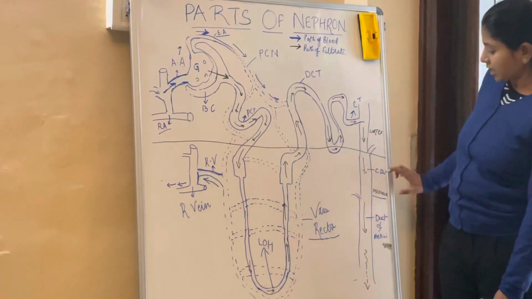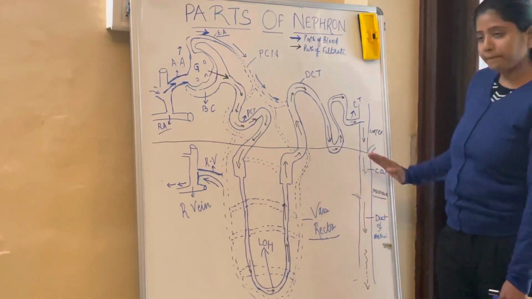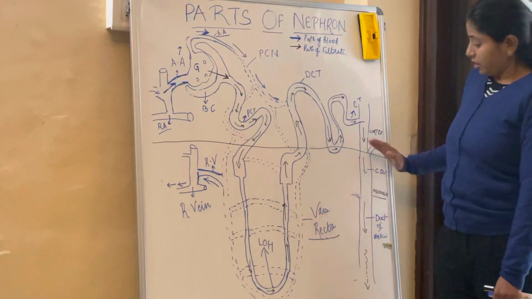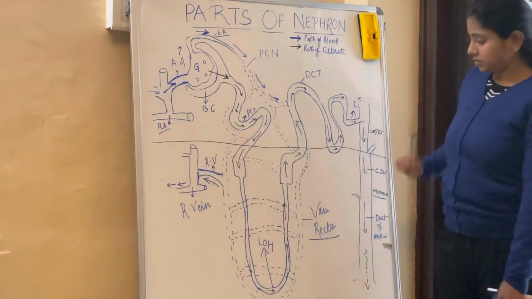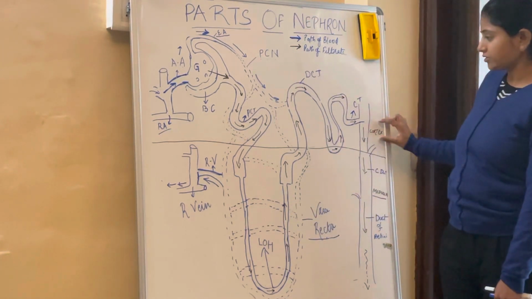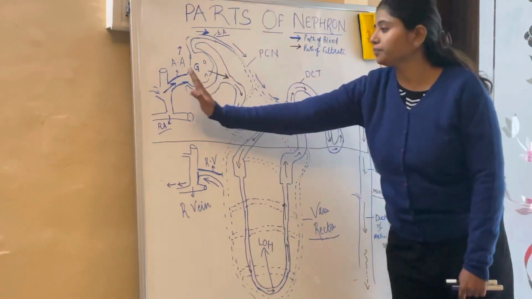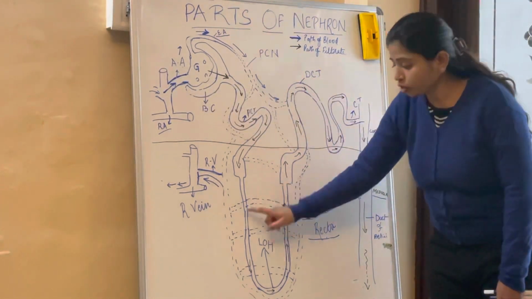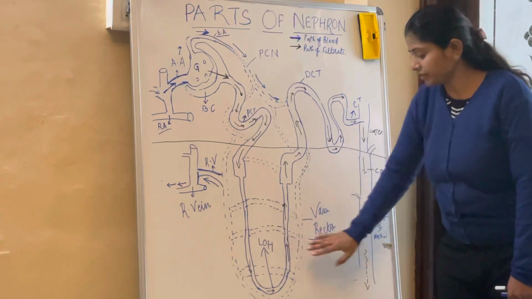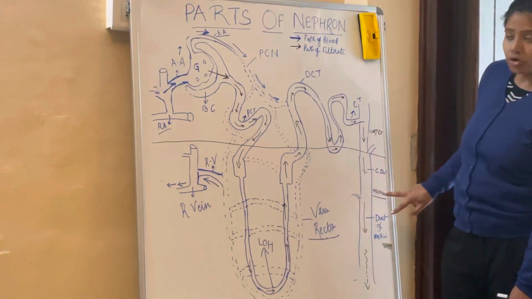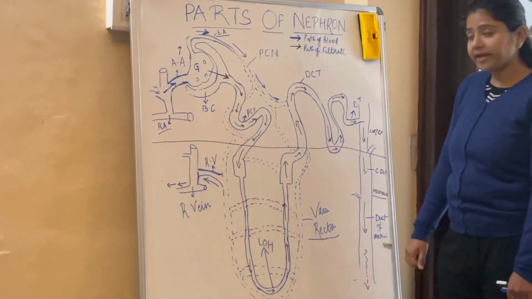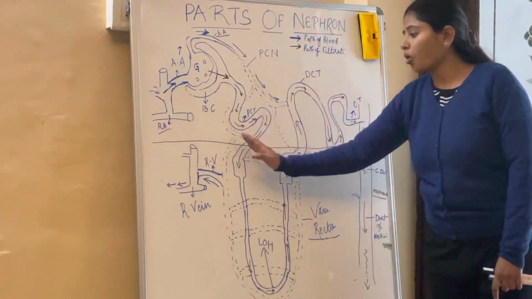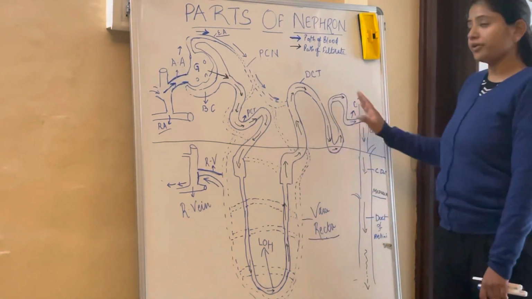These two ducts are in the medullary part of our whole nephron system, right? And in the cortex region, we have all these tubules. Again, the loop of Henle is also in the medullary part of our nephron system, right? So this was all the structure, the parts of the nephron.